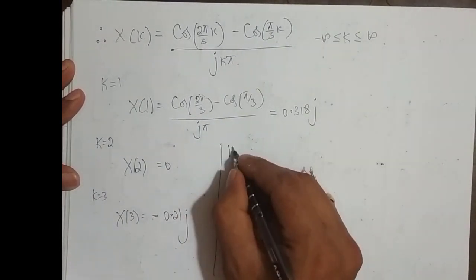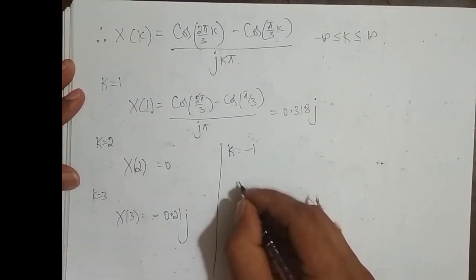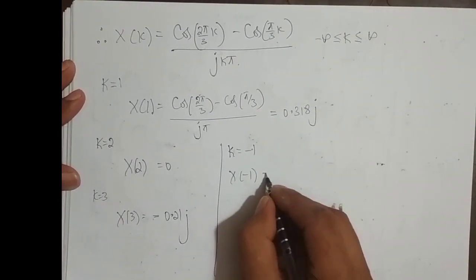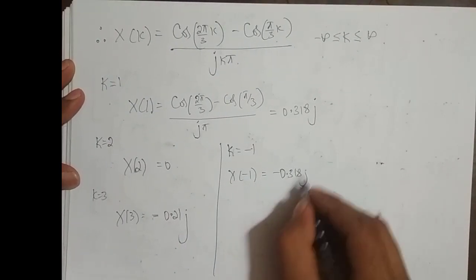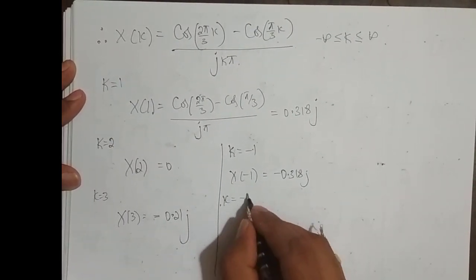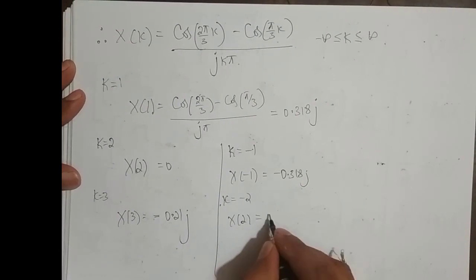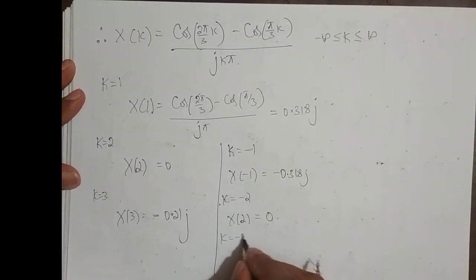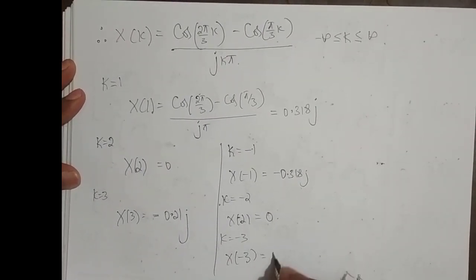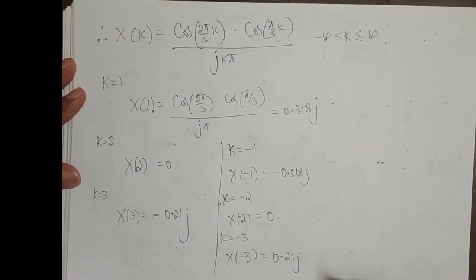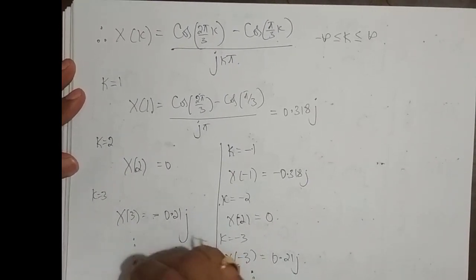On the negative side, for k equal to minus 1, x of minus 1 is minus 0.318 j. When I put k equal to minus 2, x of minus 2 is equal to 0. When I put k equal to minus 3, x of minus 3 is equal to 0.21 j, and so on.